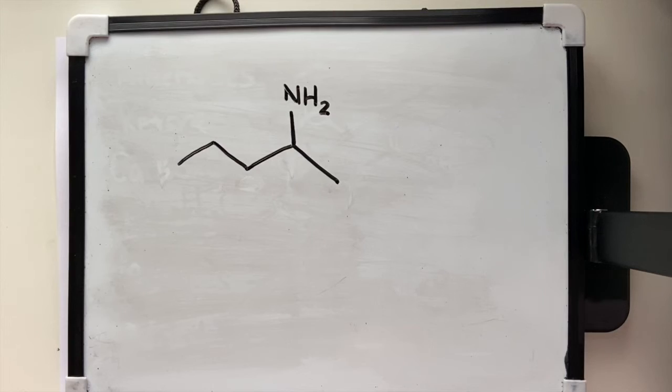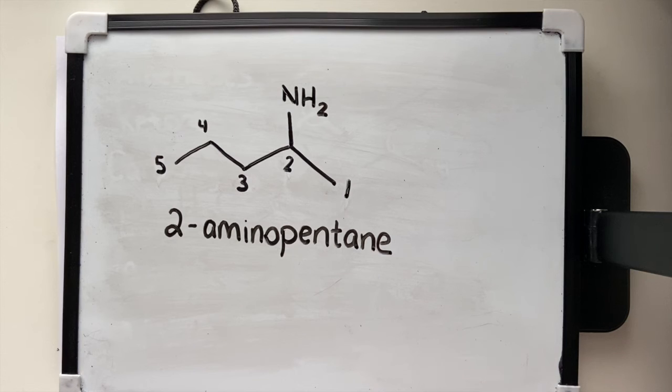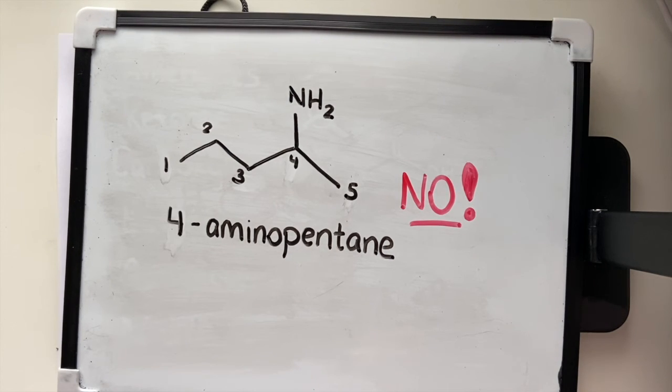When it comes to functional groups, this adds another level of complexity when naming compounds. Going along a hydrocarbon chain, it is important to place the functional group on the lowest carbon number. For example, in this amine molecule, we would call the compound 2-aminopentane rather than 4-aminopentane.